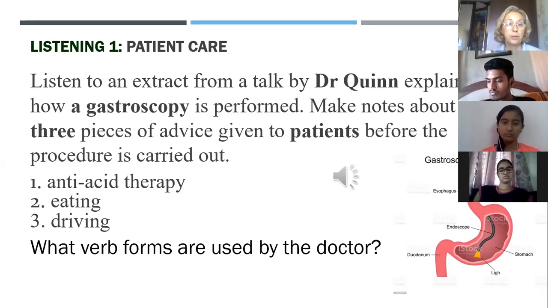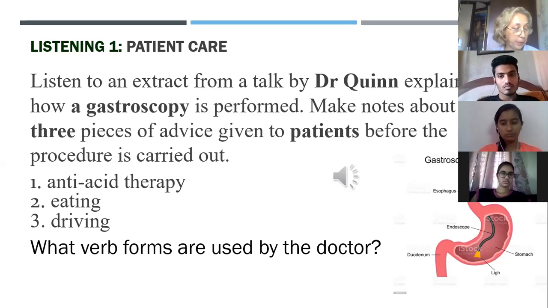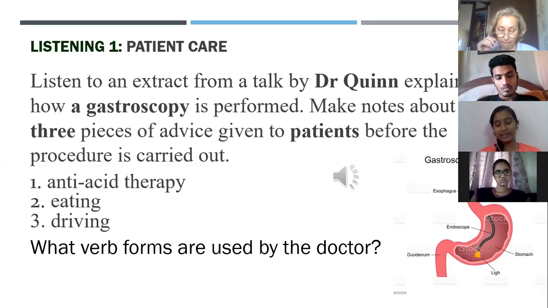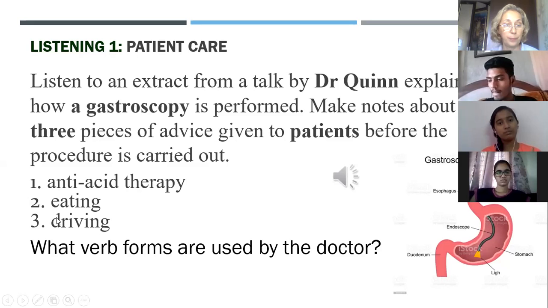Well, so what does the doctor say about anti-acid therapy? Let us listen to Bhargavi. Yes, ma'am. The doctor advises to stop taking anti-acid therapy 2 weeks before the procedure. Yes, 2 weeks. Now about eating.